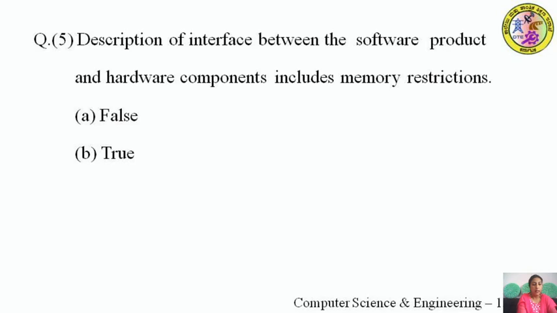Yes, the correct answer for this question is option B, true. That means the description of interface between the software product and the hardware components does include memory restrictions. Let's have a look at the next question.